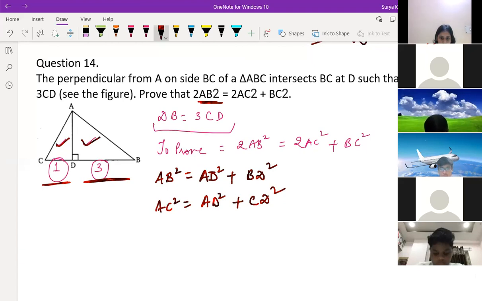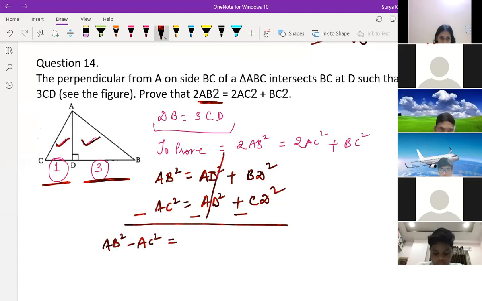AD will cancel from here, so we try to cancel this. On subtracting, what do we get? Try to understand: minus, minus, minus. So AB square minus AC square is equal to, this will get cancelled, then BD square minus CD square. Till here it's clear.